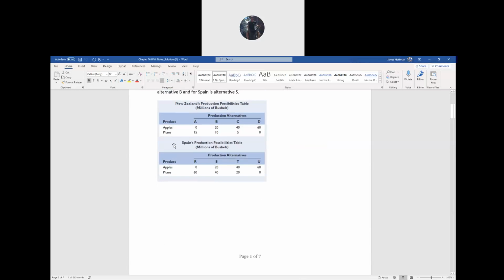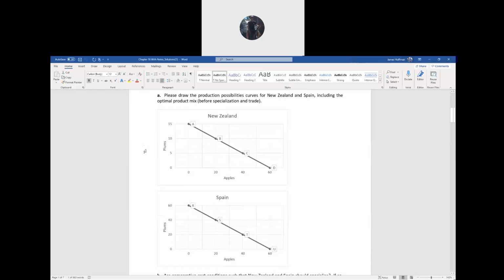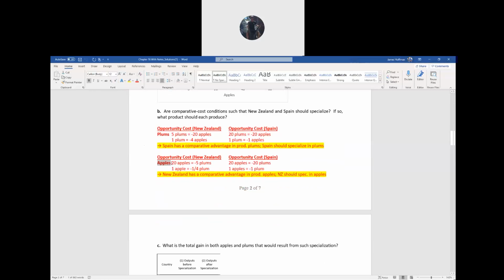For apples, for New Zealand, every time they produce 20 apples, they give up 5 plums, right? Plus 20 minus 5. 20 apples equals minus 5 plums. If you divide by 20, that means that one apple is equivalent to giving up 1/4 plum. So one apple equals minus 1/4 plum.